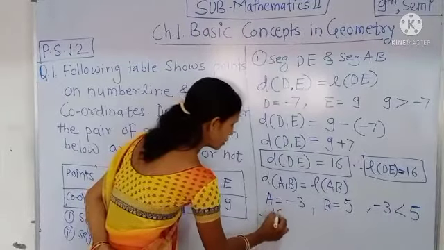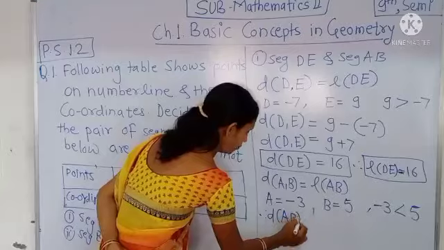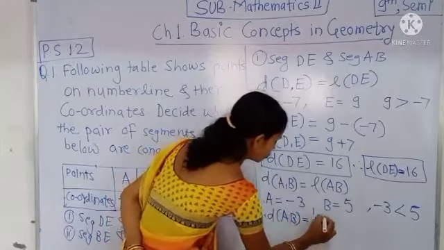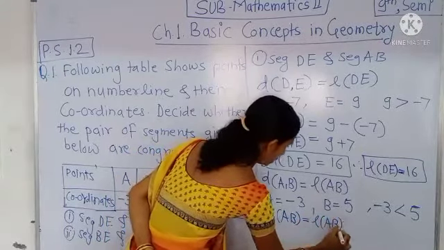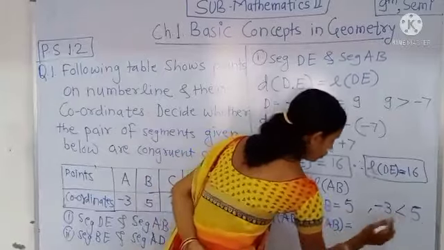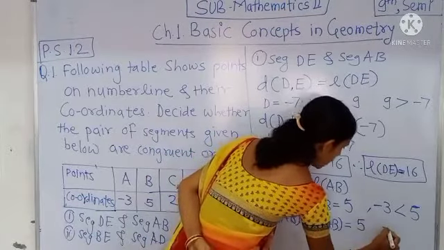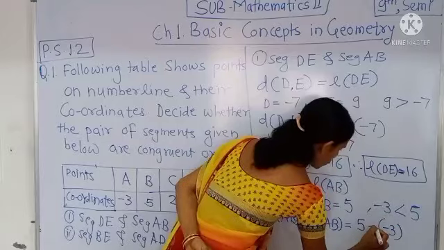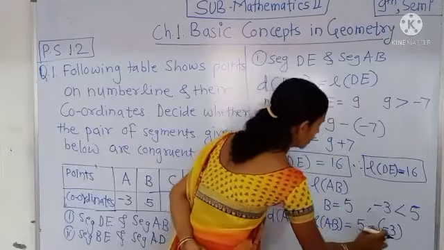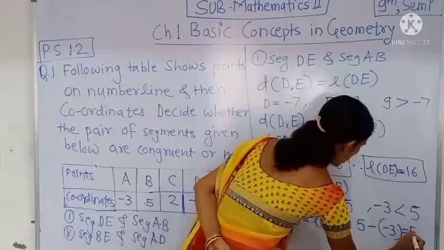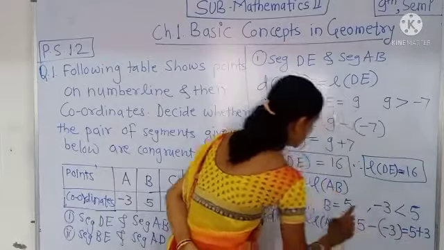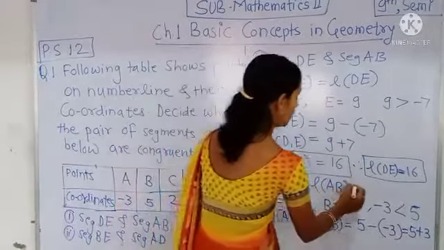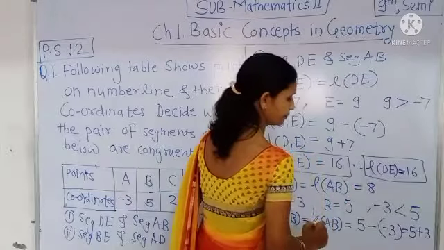Therefore the distance between A and B, that is the length of AB, equals 5 minus -3, that is 5 plus 3, and the length of AB is 8.